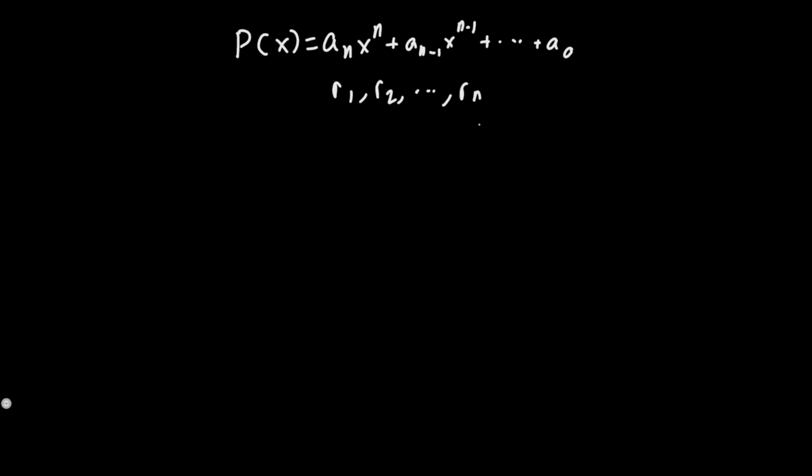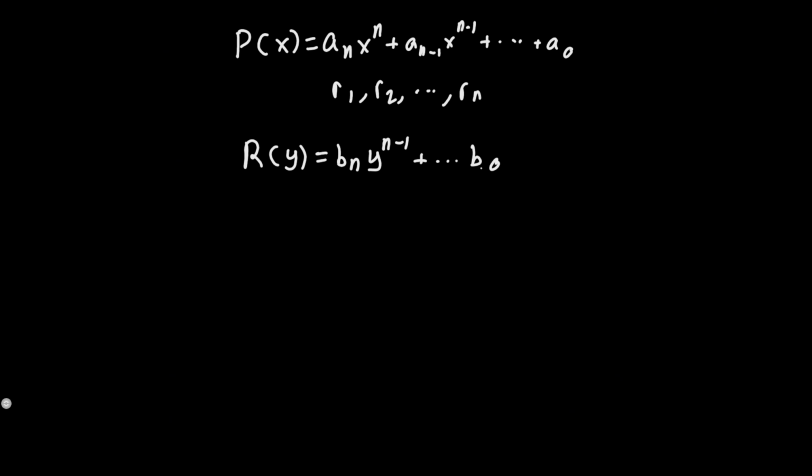And a resolvent polynomial is built using expressions involving these roots, often combinations that involve symmetry of sums, products, and anything that has to do with symmetry. And if we were to make such a resolvent, we would get a polynomial r of y, which is equal to b_n y^(n-1) plus so on up until b_0.